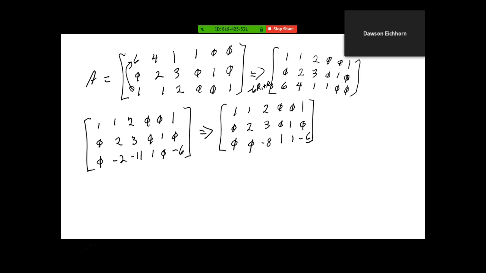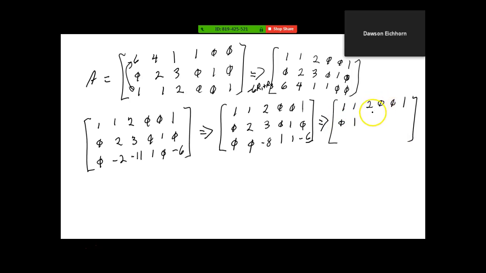Trying to think what order I want to do things. I guess we just have to face it and divide row 2 by 2, right? So we got to do that. I'm not going to write all the things in. Let's just do it. So 1, 1, 2, 0, 0, 1, 0, 1.